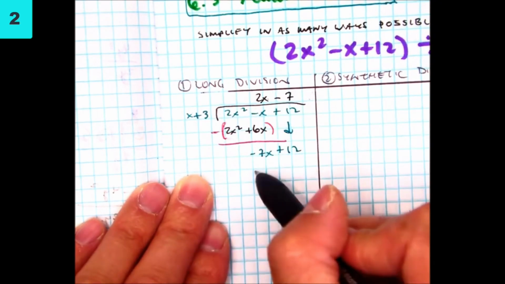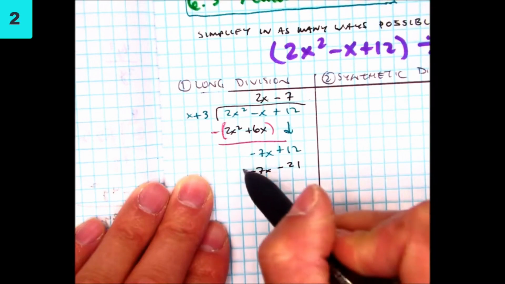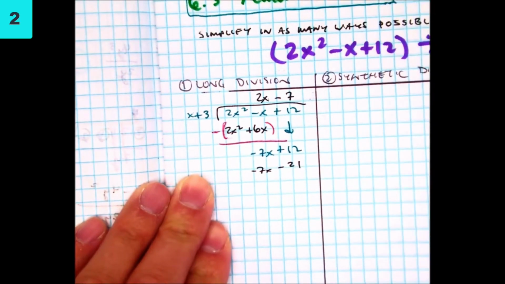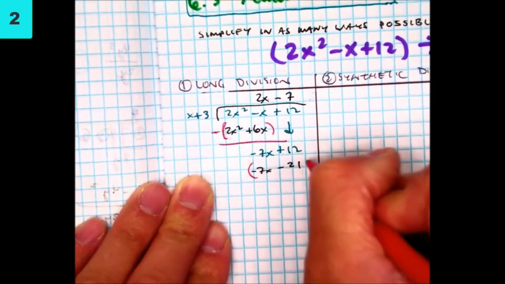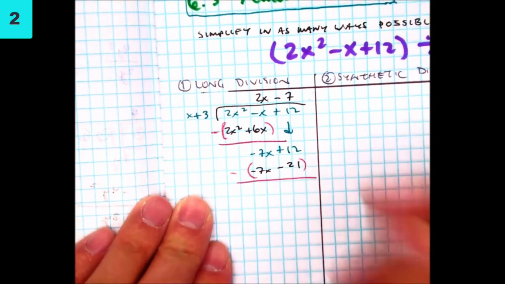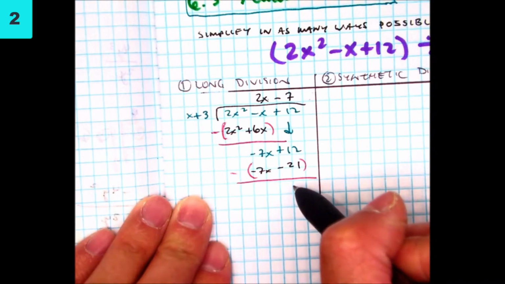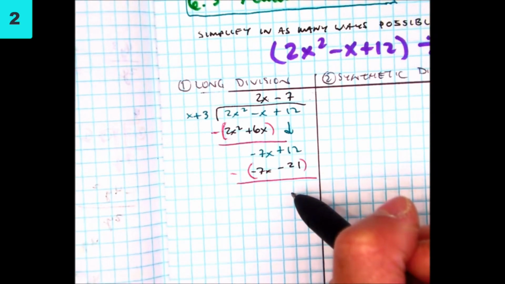Negative 7 times x is negative 7x. Negative 7 times 3 is negative 21. And you subtract to get what? 33.